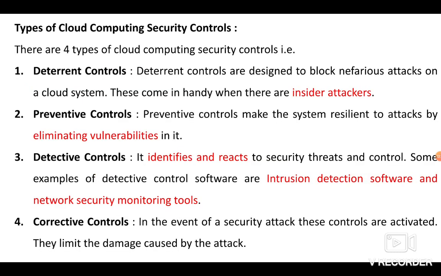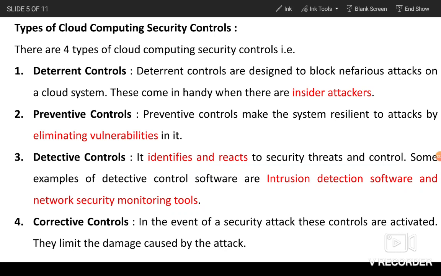Usually we have four types of cloud computing security controls. They are deterrent control, preventive control, detective control and corrective control. So what is deterrent control? It is designed to block criminal attacks on a cloud system. Usually it is very easy for inside attackers. What is preventive control?